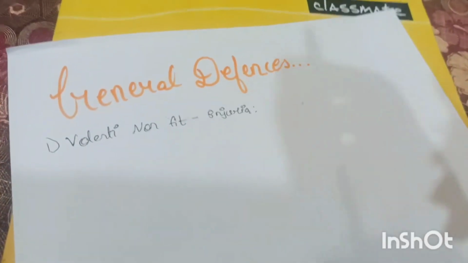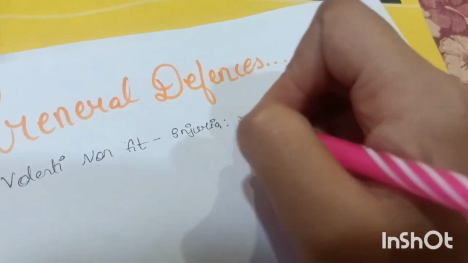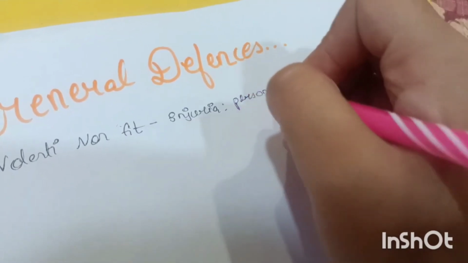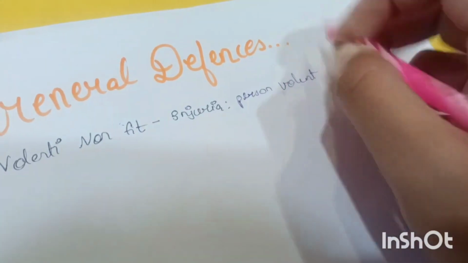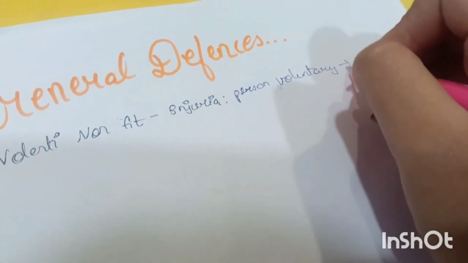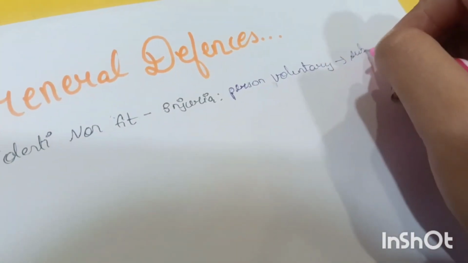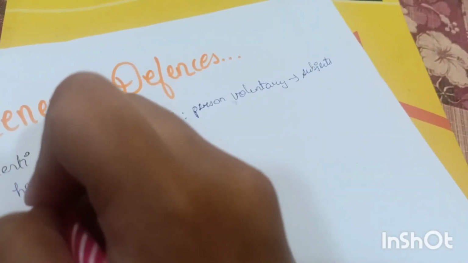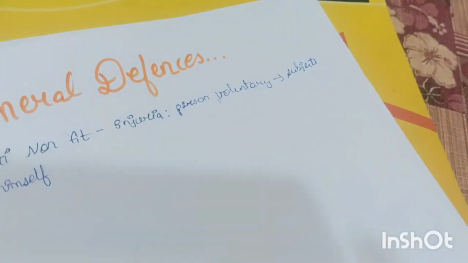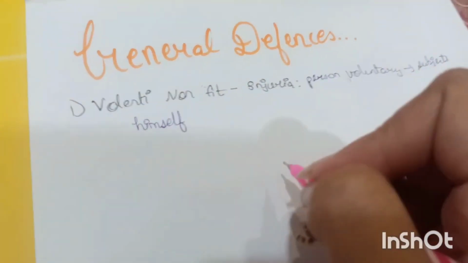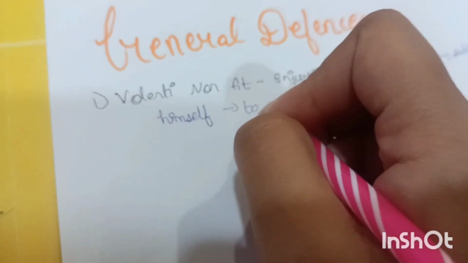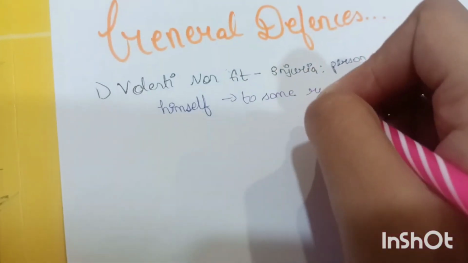Over here you can write it like: person voluntarily subjects himself to some risk.